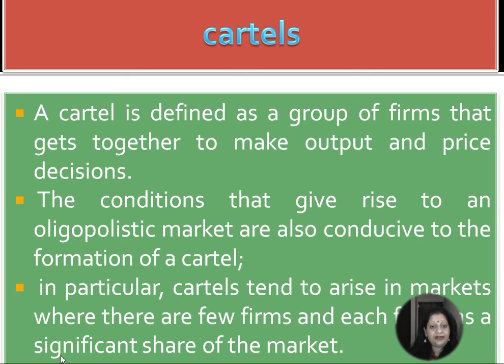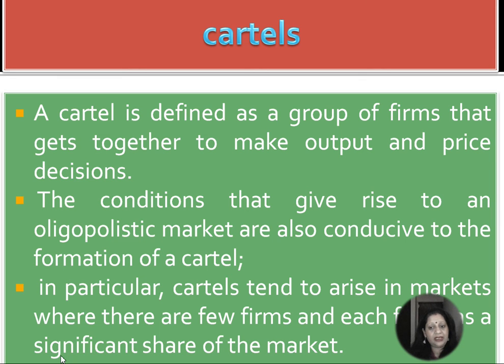The conditions that give rise to an oligopolistic market are also conducive to the formation of a cartel. In particular, cartels tend to arise in markets where there are few firms and each firm has a significant share of the market. So in this situation, the different firms form a group and decide to do business in profitable conditions and to grab market share.